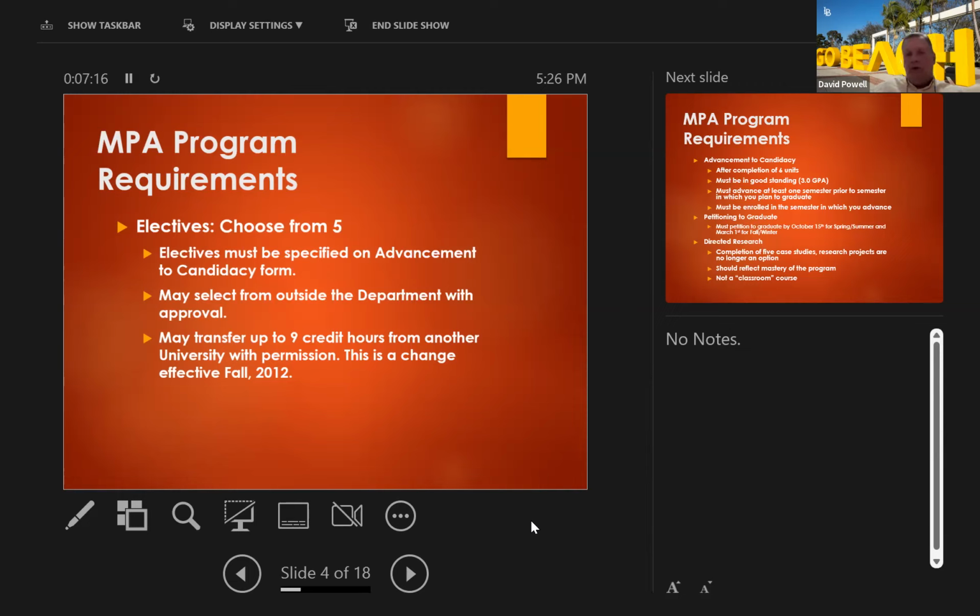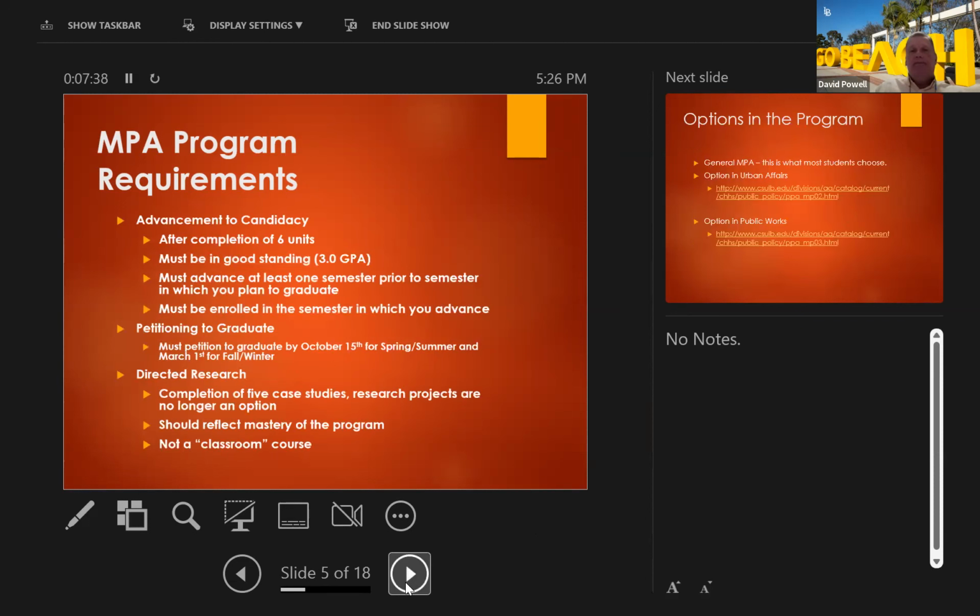So you can bring in up to 3 out of 5 electives from other graduate programs. Now, in order to be able to transfer those in, you should again talk to Dr. Matthews. They need to be at the graduate level and they need to be from a regionally accredited school or program. So talk to Dr. Matthews if you believe you have some courses that you are transferring in.